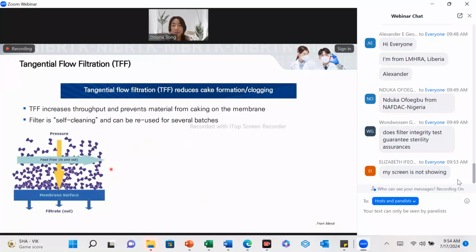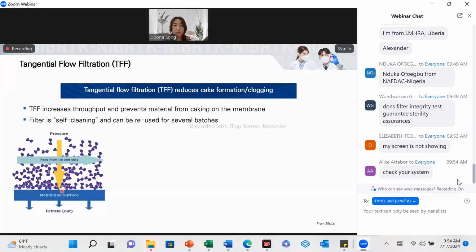Tangential flow filtration is different from normal flow filtration. In TFF, the feed flows into the system at a right angle to the direction of the filtrate or permeate, 90 degrees. Here's how it works.